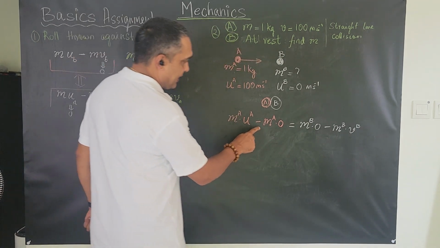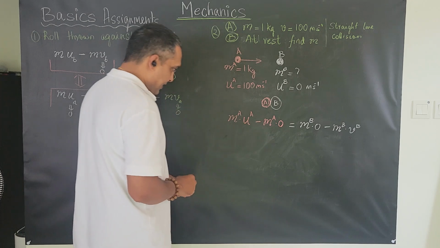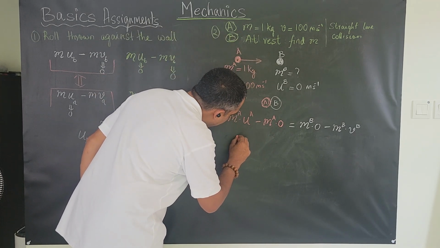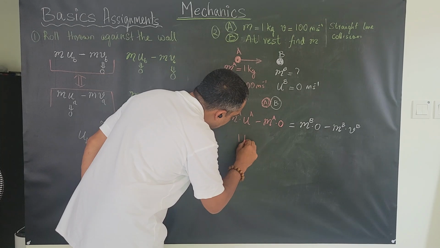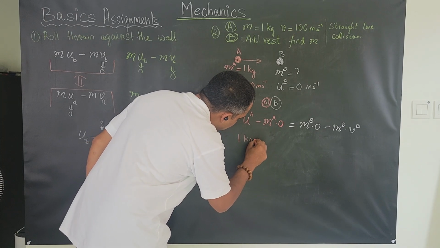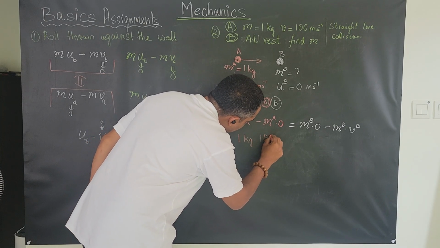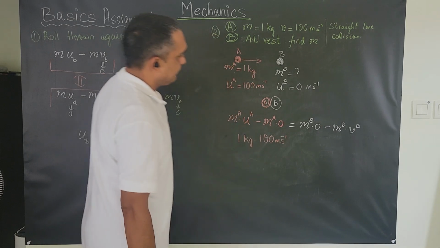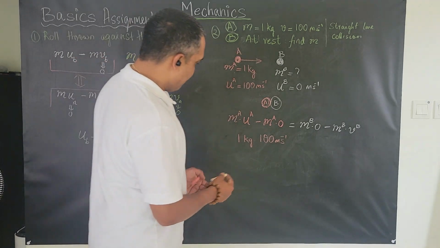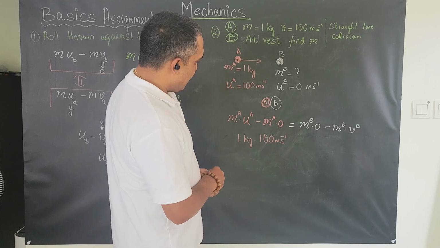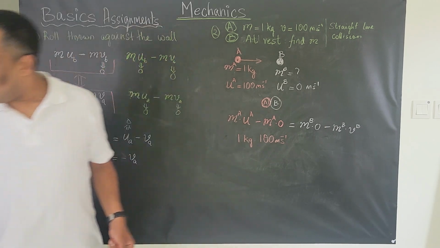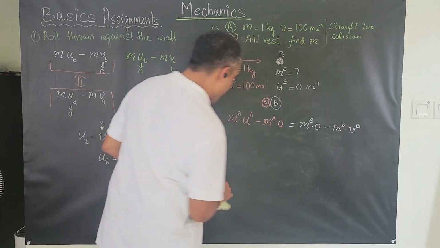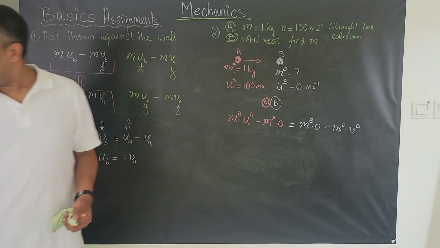We just take this out as 0, and we write this simply as 1 kg times 100 meters per second. What would that get us? You know what, to simplify it, I'll go back to green now because I'm going to write this equation in just one term.